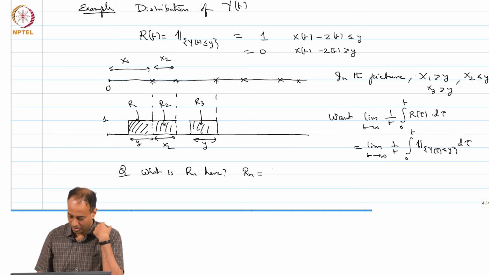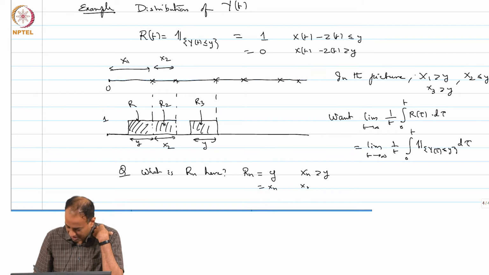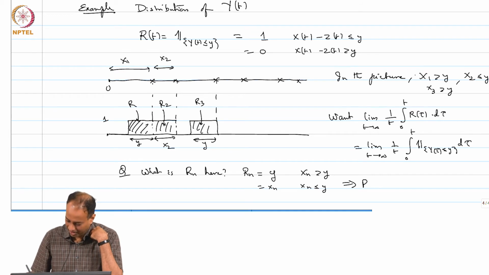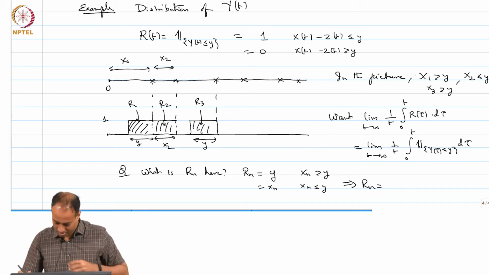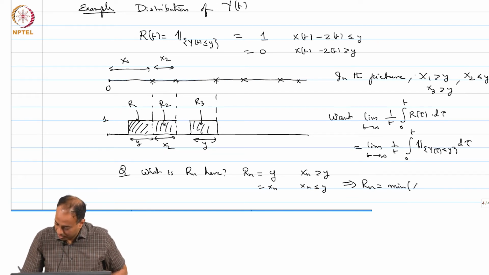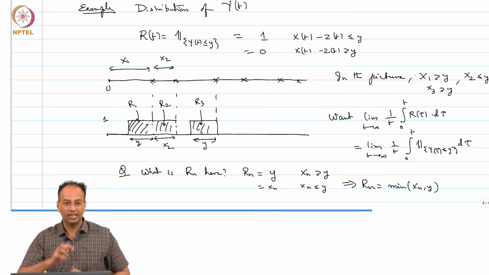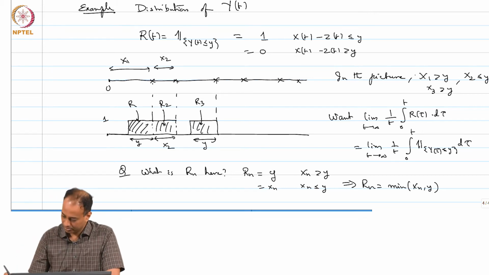So, R n should be y when x n is bigger than y and equal to x n when x n is less than or equal to y, correct. So, what is that R n? R n should be min or max? Min of x n comma little y, finished, right.